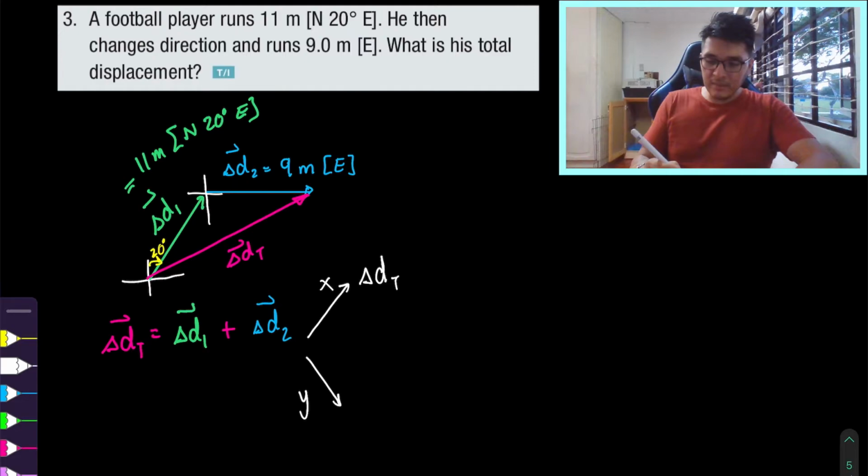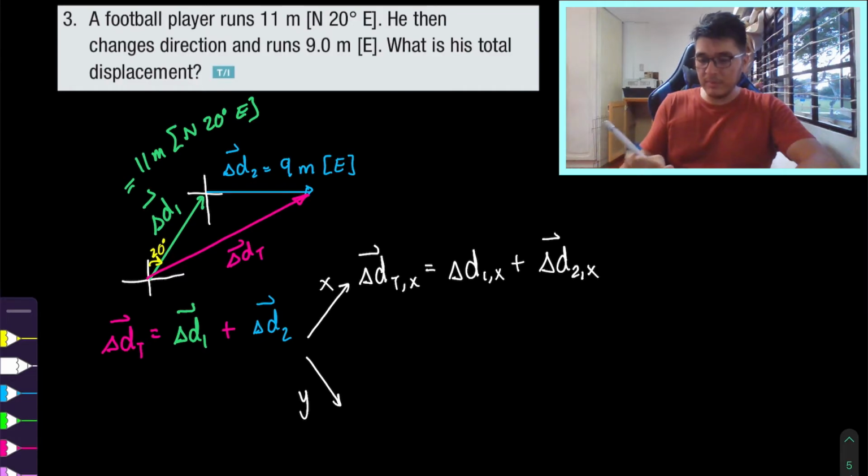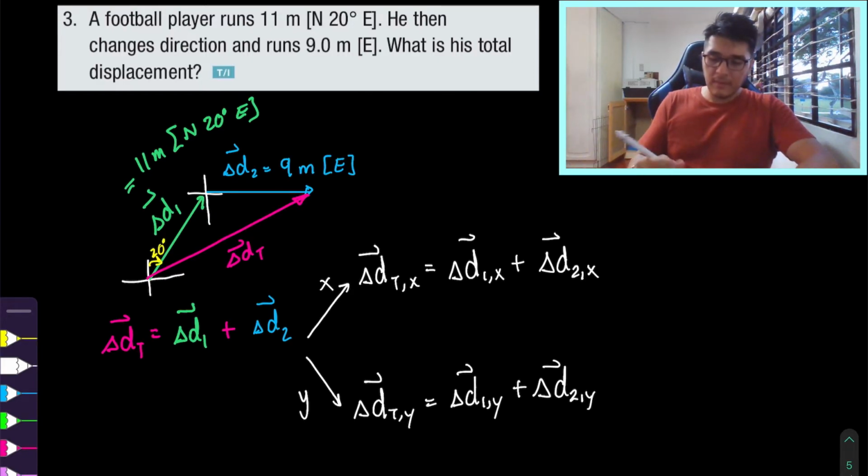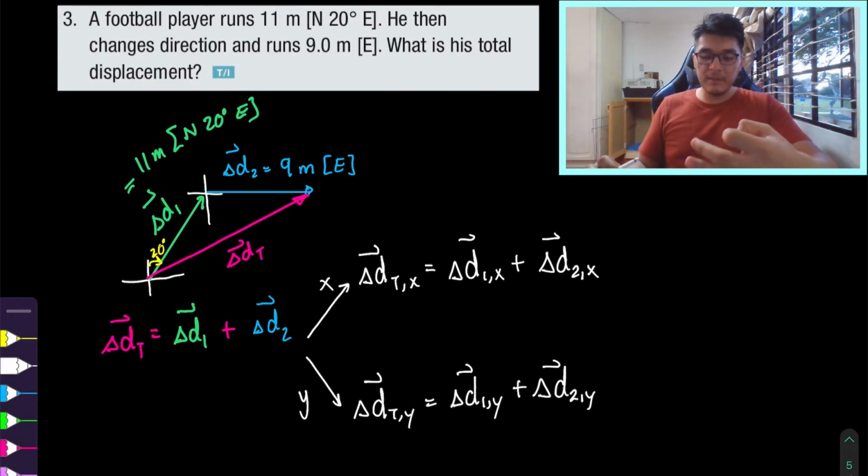So our delta dt, we're going to break it along the x component, our delta d1 along the x component, and a delta d2 along the x component. We can do the same thing for the y components. Whenever you're adding vectors, another way of doing it is by adding component-wise.